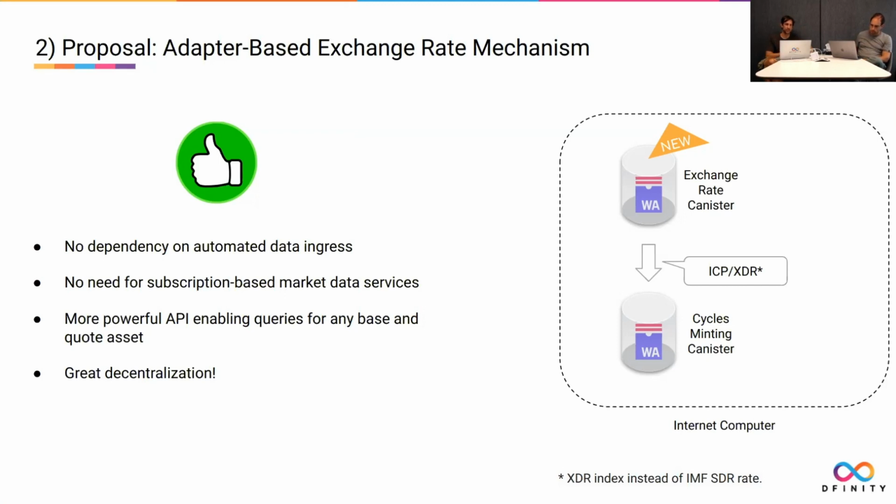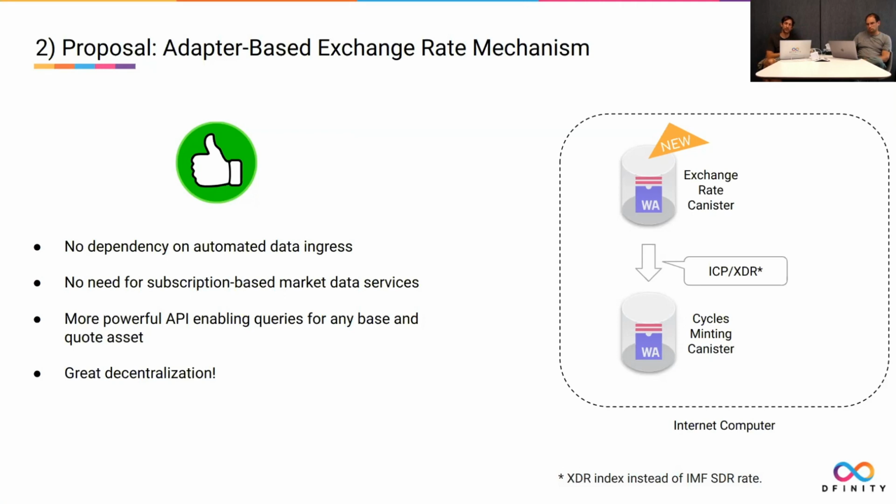So we won't need to rely on any of these data providers anymore. And also, because we have this general exchange rate canister, we don't need to restrict ourselves to just the ICP XDR rate, right? So that's why we don't call it the conversion rate canister. It's a more general purpose exchange rate canister.